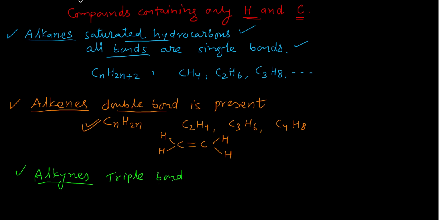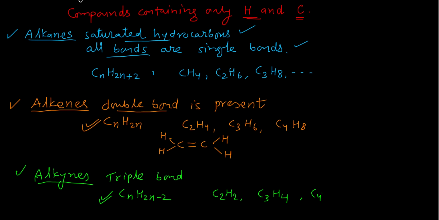If you put n equal to 1, you won't get any alkyne, because again, for forming a triple bond you need at least two carbon atoms. If you put n equal to 2, you will get C2H2. For n equal to 3, you will get C3H4, since 3 times 2 is 6, minus 2 is 4.